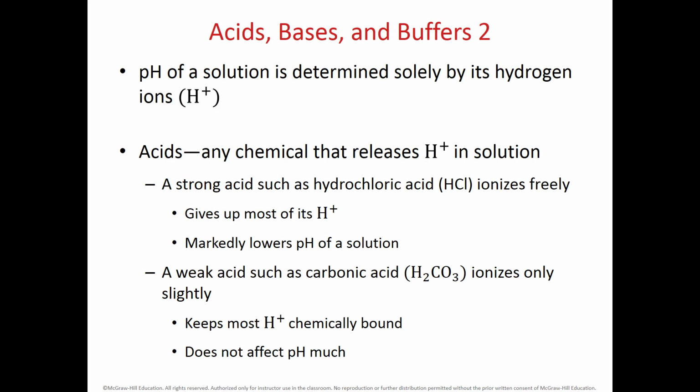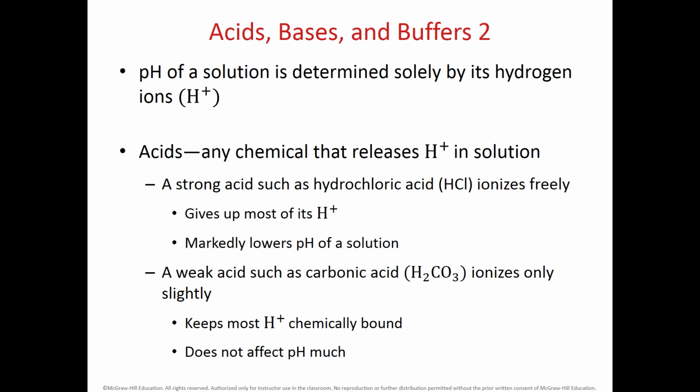Okay, so the pH of a solution is determined by the concentration of hydrogen ions. It sounds redundant, but that's basically how it is. Measurement of pH is basically measuring the concentration of hydrogen ions.